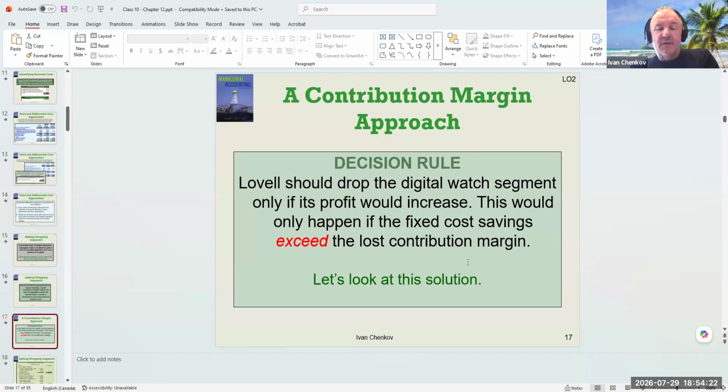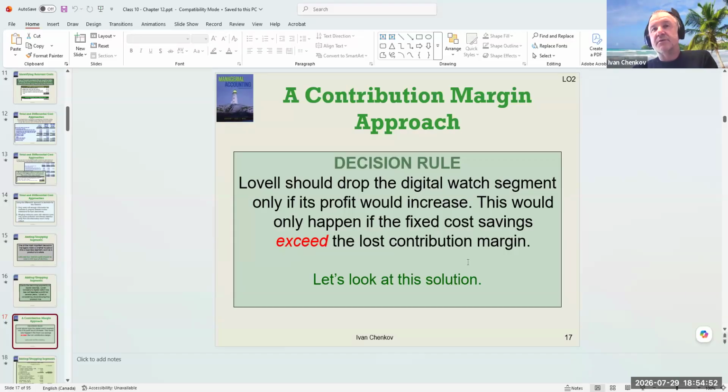So what's going to trigger a net income increase? That will be contribution margin. Most likely this only happens when the contribution margin is positive, that's when the fixed cost is already covered. So we have to consider the contribution margin that we're losing.